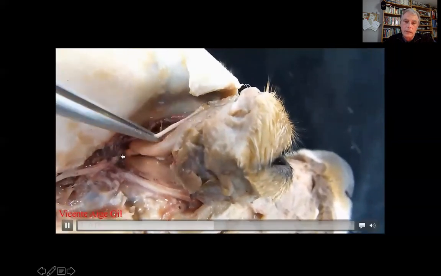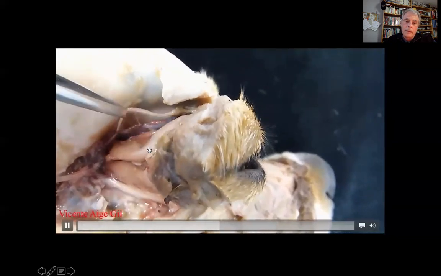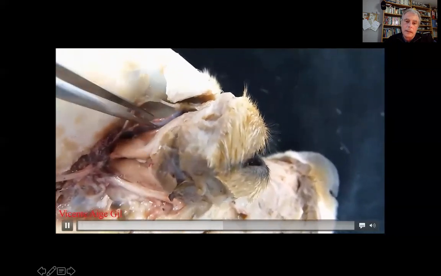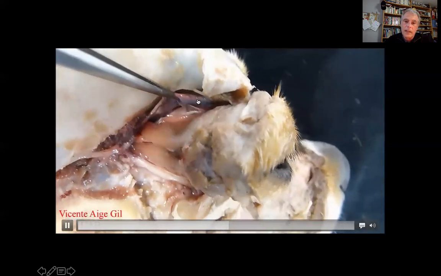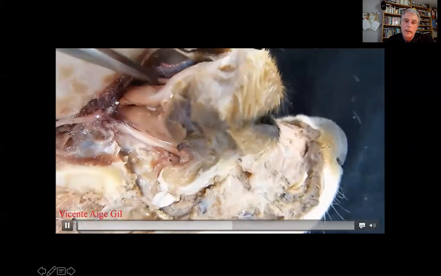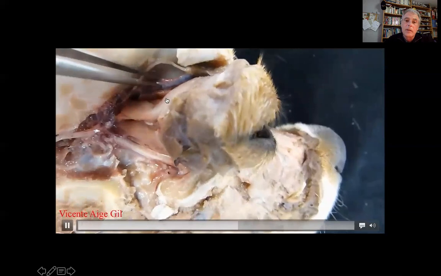So the frontal nerve, the ophthalmic plexus. Blood from this plexus will form the petrosal sinus.